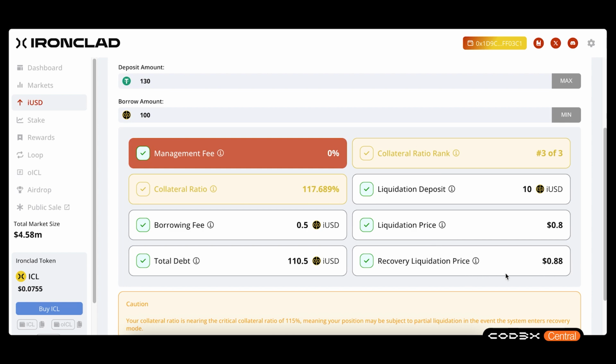So essentially, you don't really have to worry about this. Recovery mode will happen on very, very rare occasions. But it's higher than the normal liquidation price, because if recovery mode is hit and USDT goes down to 88 cents, all get liquidated.